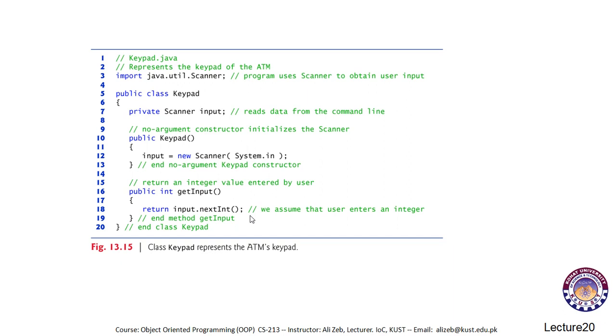The function of the keypad is to get an input from the user, and we have been using the scanner class for that purpose. Whenever we create an object of the keypad class, we call the constructor, and the constructor initializes an object of the scanner class that we can use to get the input from the user.